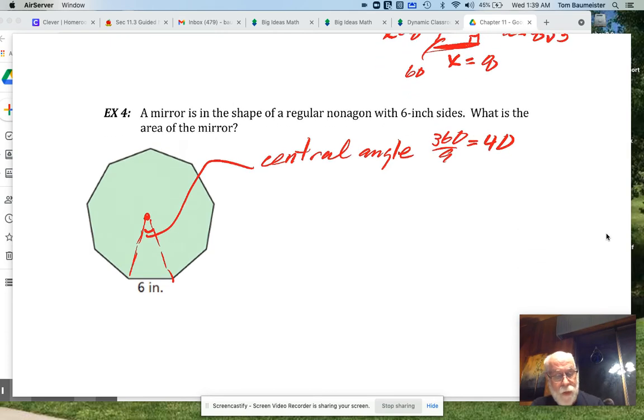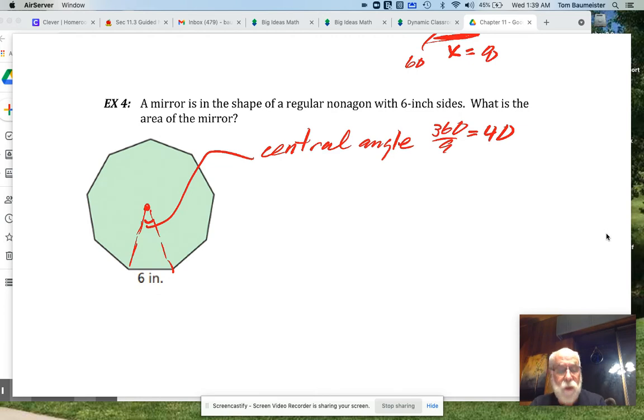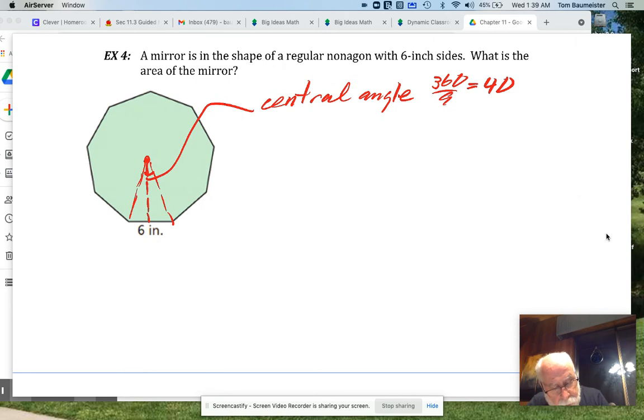All right. Now that's the whole thing, but remember, I need an apothem, so I have to draw an apothem here. So I want you to think about it here. Remember, the apothem bisects that central angle.